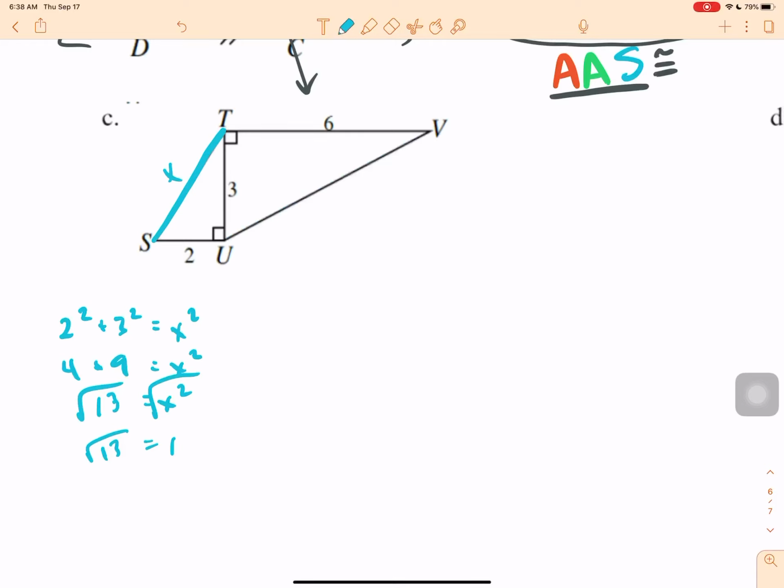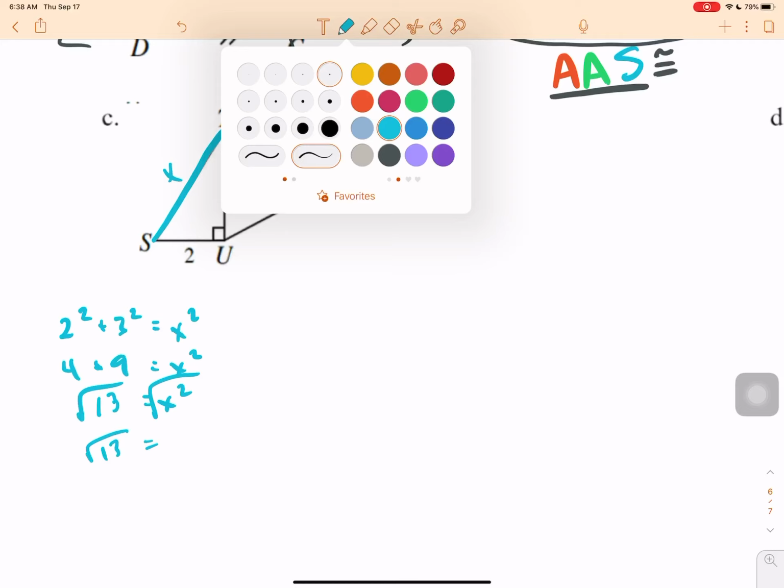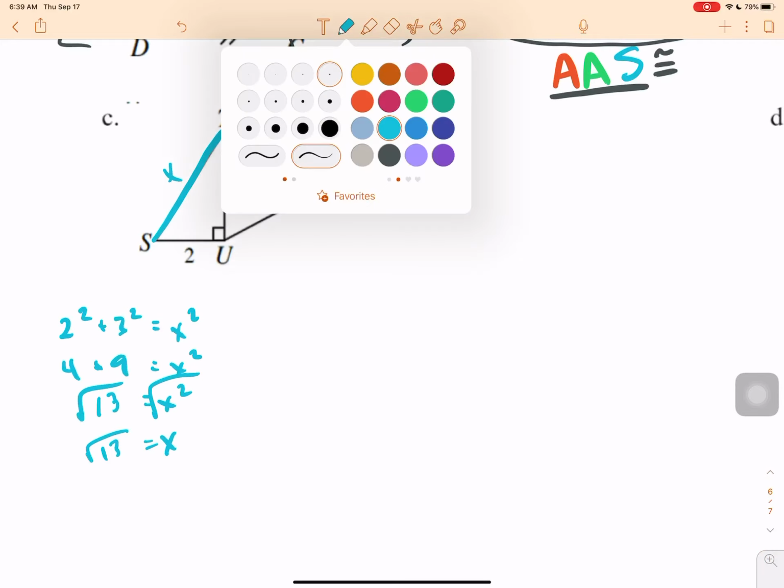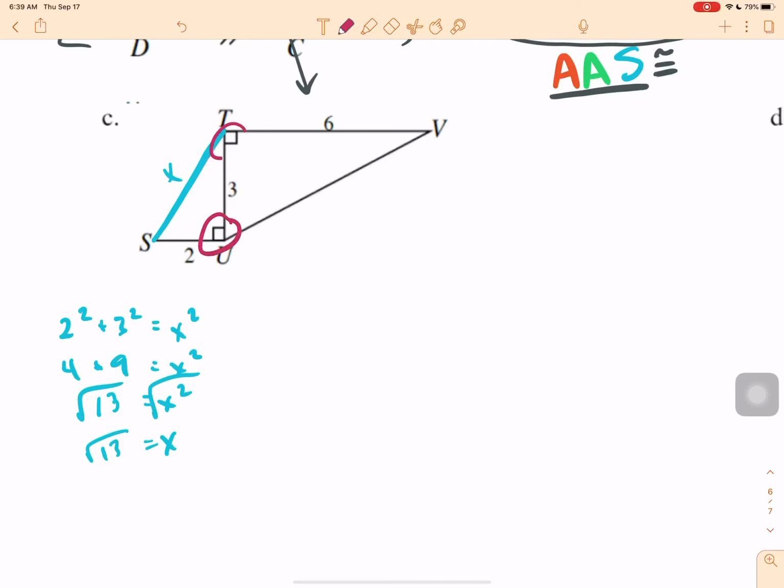And so if you guys look here, I solve for this, right? I know x is the square root of 13, so I could solve for this one, but there's no way they're going to be equal because my legs are different. This triangle has leg lengths 3 and 2, and then this triangle has leg lengths 3 and 6, right? So it's not going to work. The only thing we know about this one is that they both have a right angle.